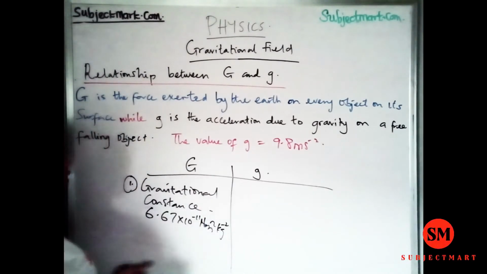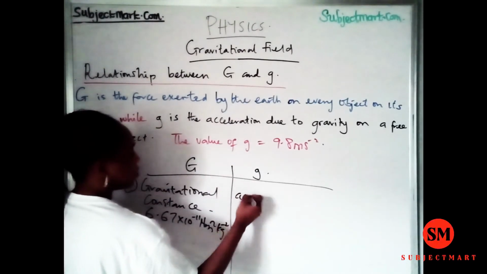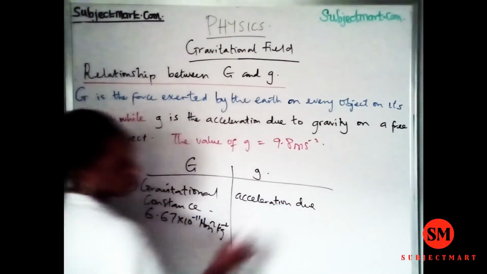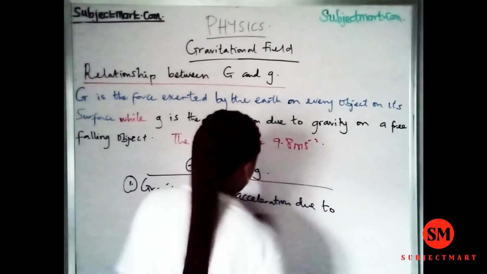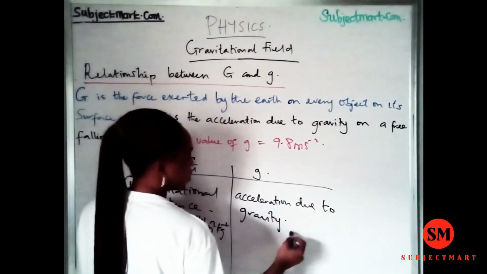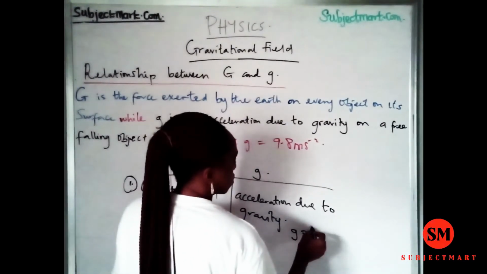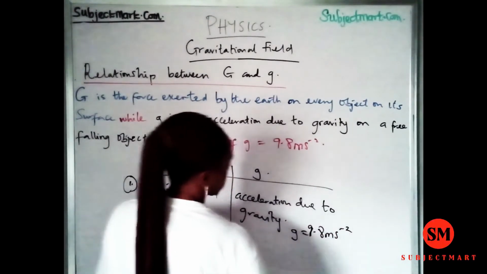While small g, on the other hand, is the acceleration due to gravity. It is experienced by every free-falling object. And the value of small g is equal to, we use 9.8 meters per second squared.